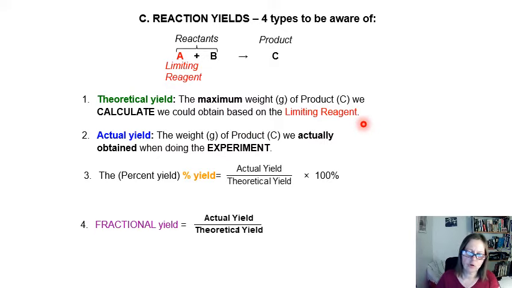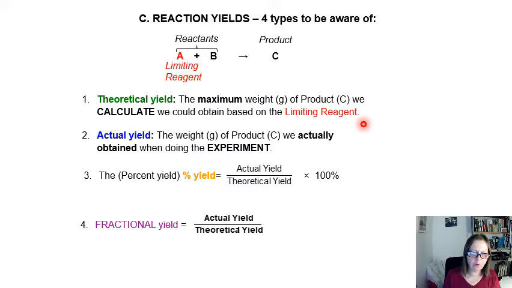So in the previous example, the theoretical yield was 7.10 grams. That was the maximum amount of sodium thiosulfate that we could obtain based on sulfur dioxide.